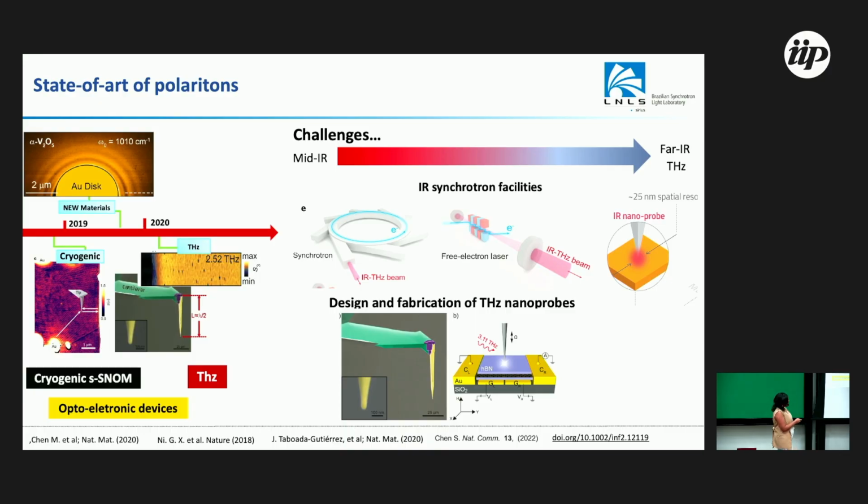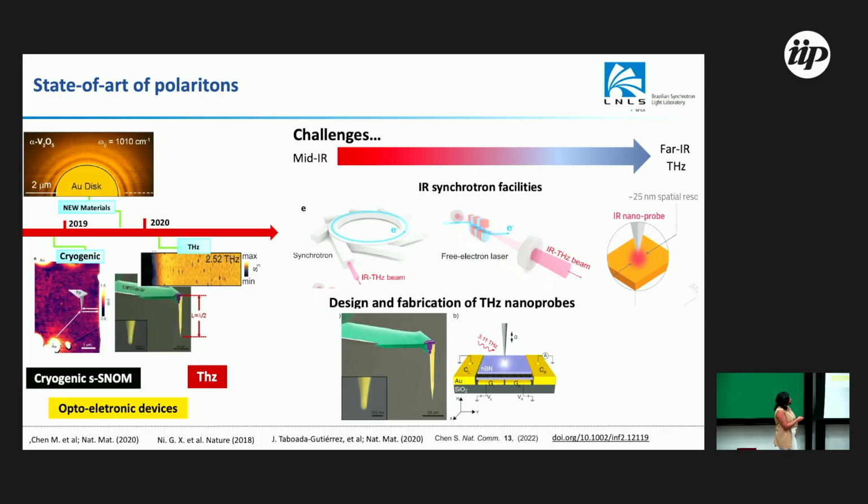It's a limitation. More than that, if you are interested in studying materials in that energy range, there is no laser that covers this range continuously. And for that, we need to go for big machines or big accelerators, synchrotrons or free electron lasers.